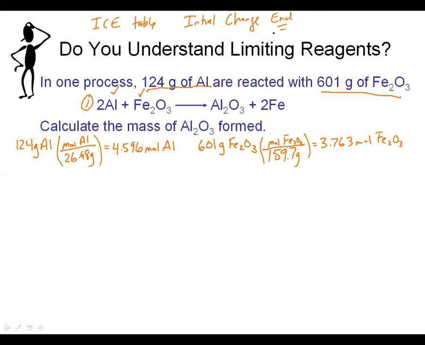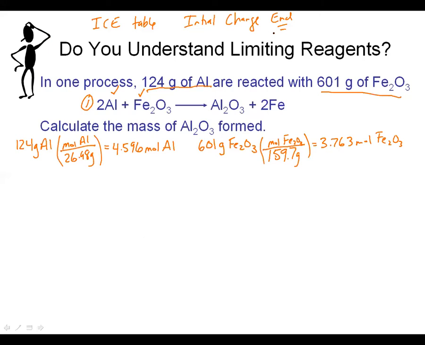ICE tables are nice also because if you plan on taking 200B, you do ICE tables all day long, every calculation. So it's very similar to something you'll have to do if you continue to take chemistry at 200B. So you may like this approach. And again, I'll show you some of the benefits as we go through it.